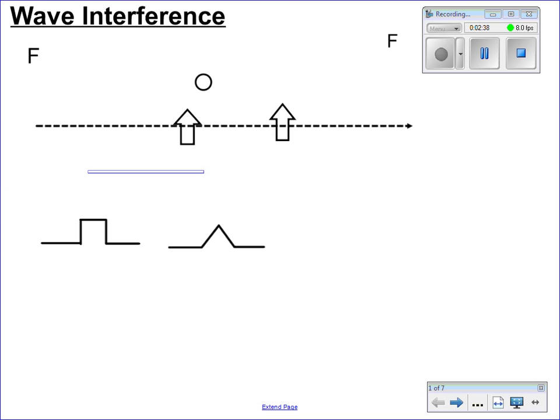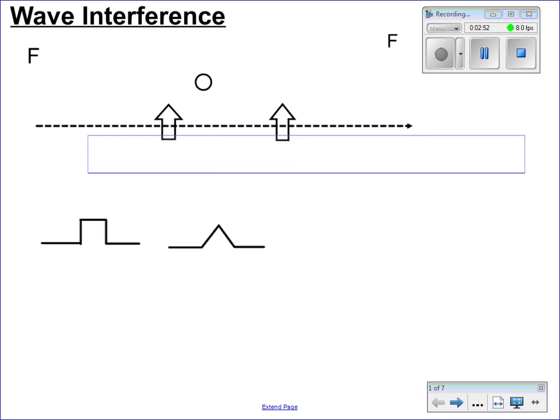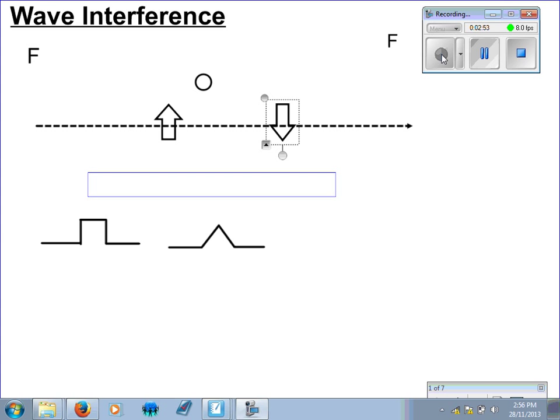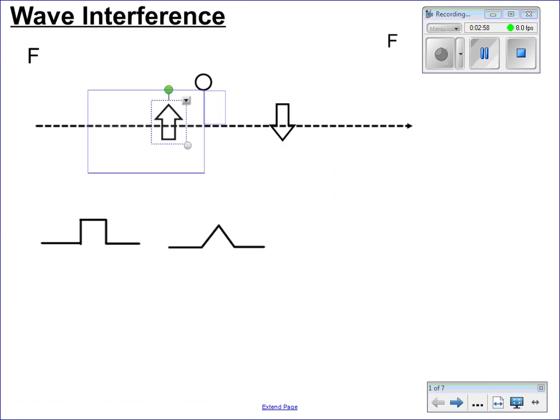So constructive interference: two waves collide with a particle with a peak at the same time. And the result is the particle goes further and you end up with a larger amplitude wave. Now to reverse this situation, we can do the opposite.